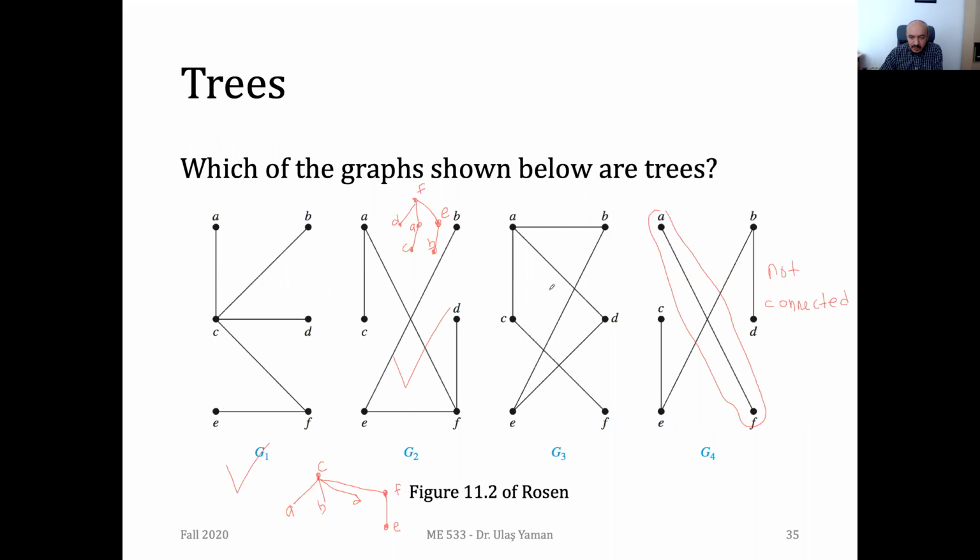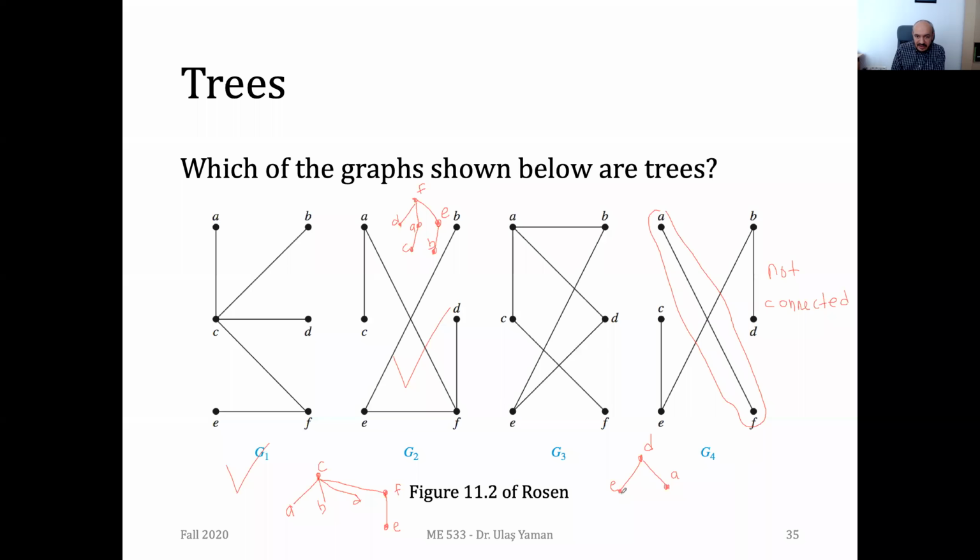Let's have a look at this one. It seems more complicated than the others, but I will try to draw it by using the same approach. Now I will start from D this time. We have two, let's say, children of D. One is E and the other one is A, right?